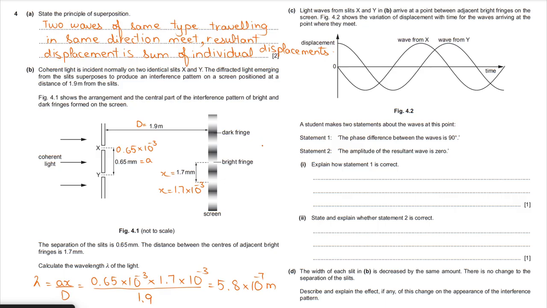So the first statement says that the phase difference between the waves is 90 degrees. So there is a phase difference because one wave is ahead and one wave is behind. If we look at wave Y, wave Y is ahead of wave X, right? So look at the graph. Since wave Y is ahead of wave X, that means both of these waves are out of phase.